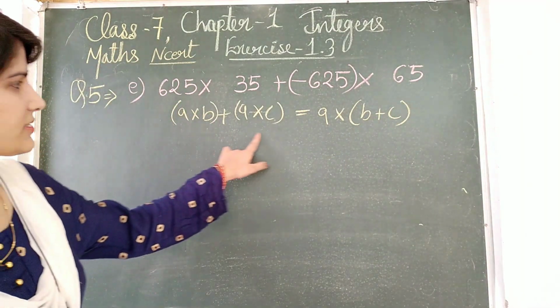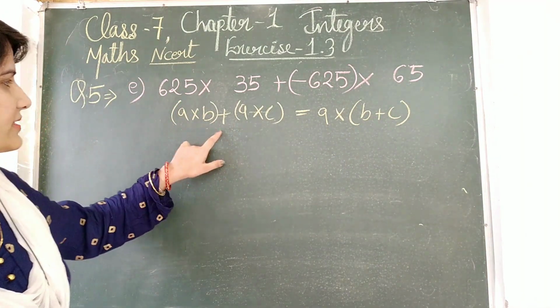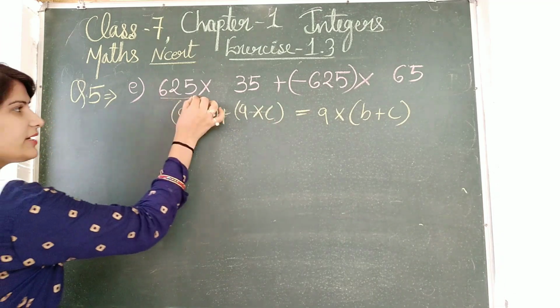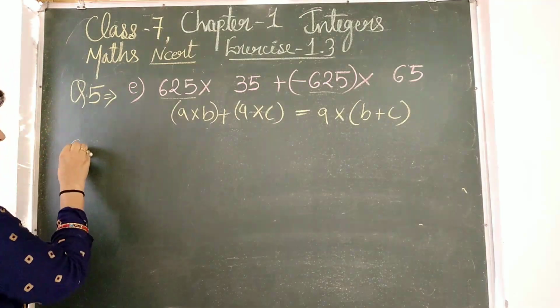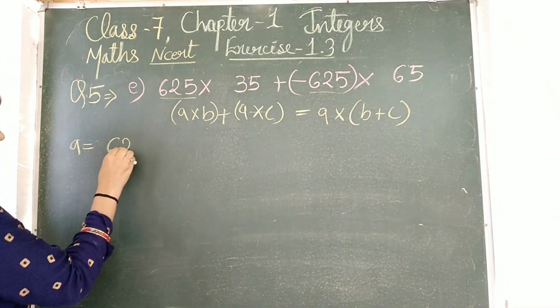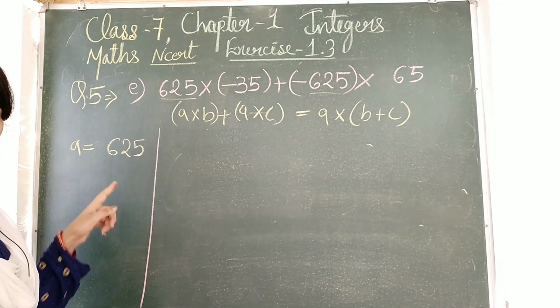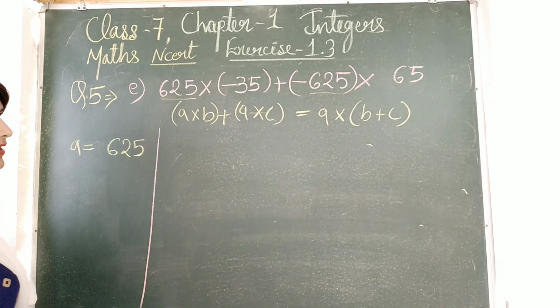So here the question is in the form of A into B, A into C. So what is our common digit here? A is equal to 625. So the value of A is 625.